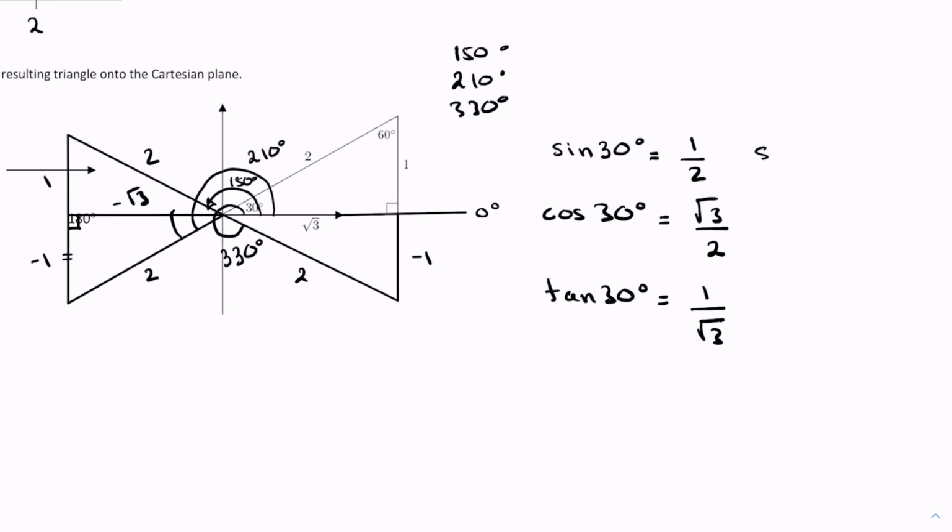Well, I can go sine of 150, and by the way, you could have done this just using the CAST rule, but I want to show a kind of a visual of what it looks like. Sine of 150 is also 1 over 2.